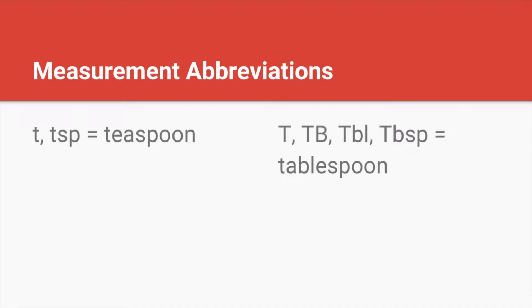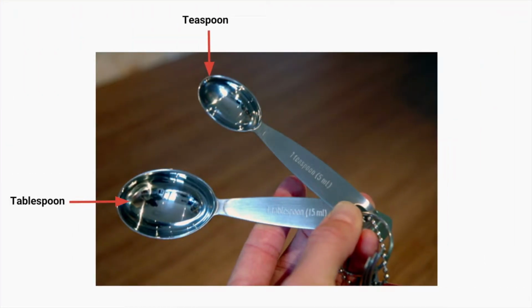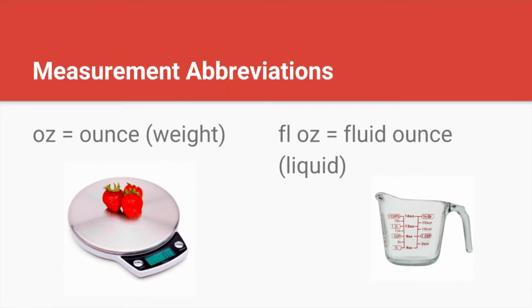A tablespoon is significantly larger than a teaspoon, so using one for the other can definitely alter your recipe. Then there are ounces. An ounce can mean a fluid ounce or an ounce in weight, depending on the ingredient. Use your better judgment to decide which.